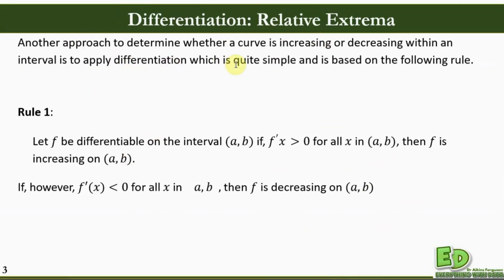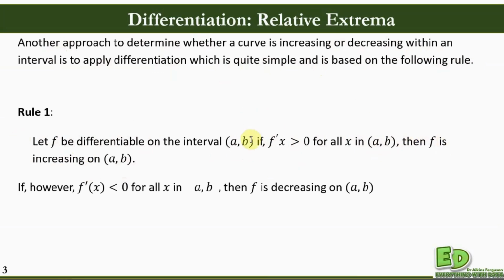Another approach to determine whether a curve is increasing or decreasing within an interval is to apply differentiation, which is quite simple and is based on the following rule. Let the function f be differentiable on the closed interval a to b. If the differential of that function is greater than 0 for all x in the closed interval ab, then f is increasing.